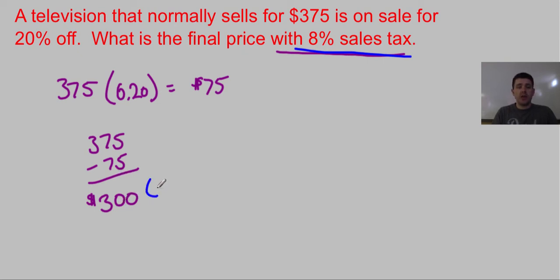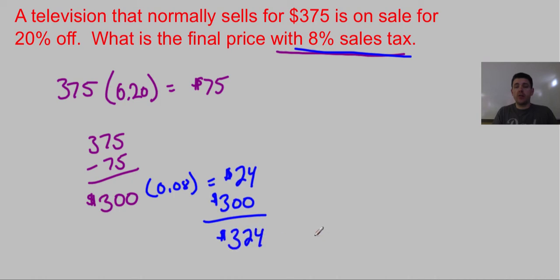So we take 300 times 0.08, and that gives me $24 in sales tax. Sales tax gets added on, it's an additional cost, so it gets added to our $300 price, and we end up with a total price of $324.